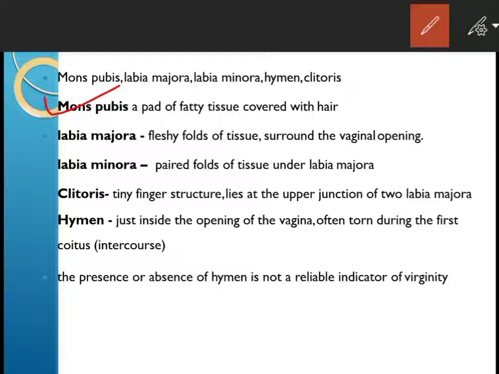Two longitudinal folds of tissue called labia majora form the boundary of the vulva. It also covers two additional folds of tissues called the labia minora. Both labia majora and labia minora protect the vaginal and urethral openings beneath.